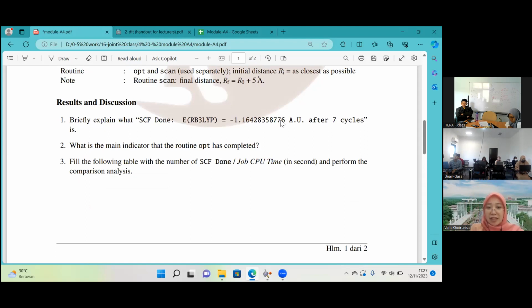The number of SCF done berarti jumlah SCF done. Jadi jumlahnya ada berapa? So it's the number of iteration, not the energy. Is it clear? Jadi jumlah SCF done, bukan energi. Ini kan energi. Yes, Dokter. Okay, thank you, Putri.